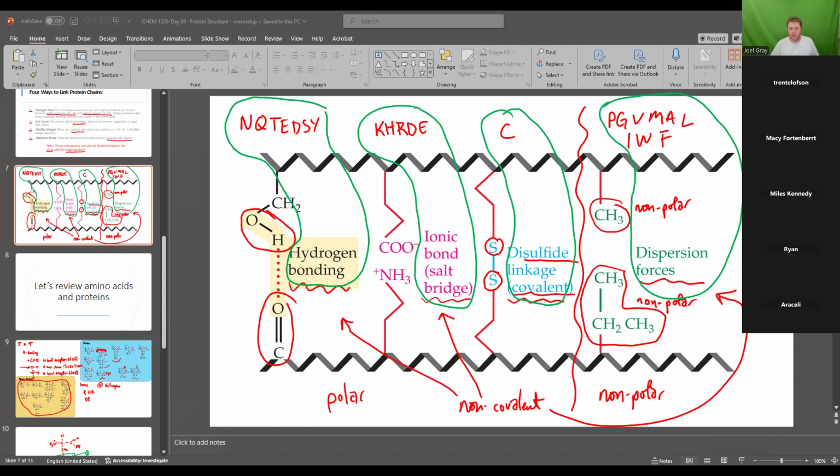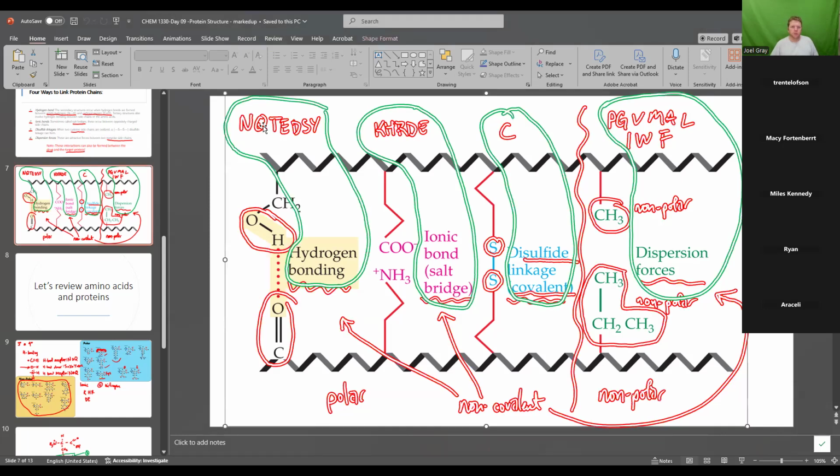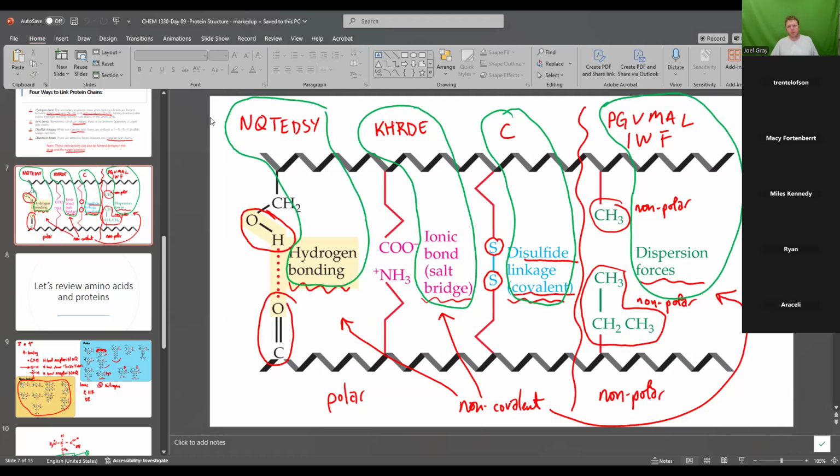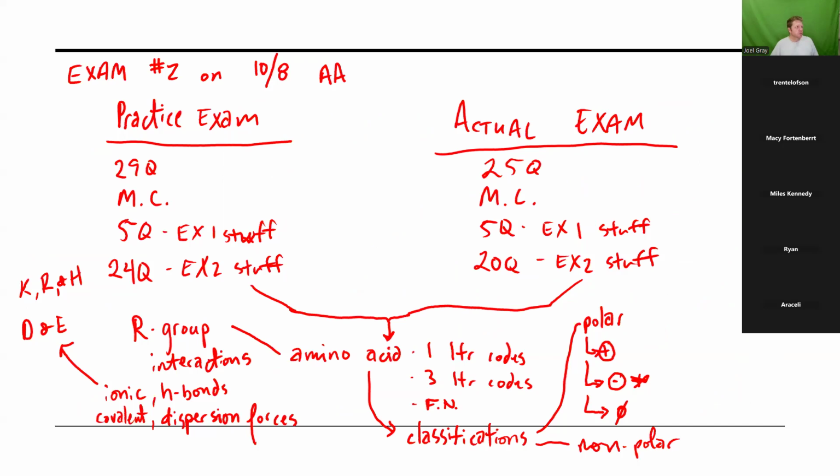Those are all our likely candidates. I'm referencing these single letters up here. So NQTDESY or TEDSY and so on. Make sure that you know those because I'm going to ask questions about those. So that was one of the things that I wanted to mention.